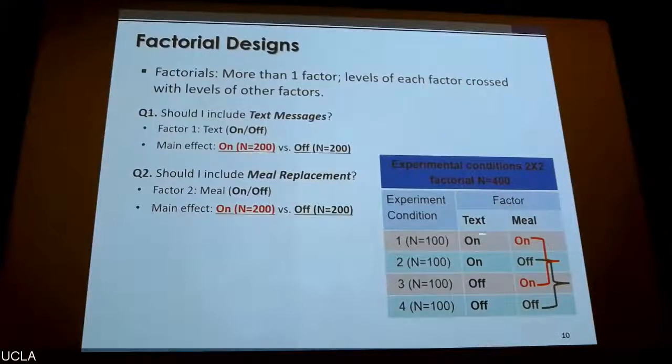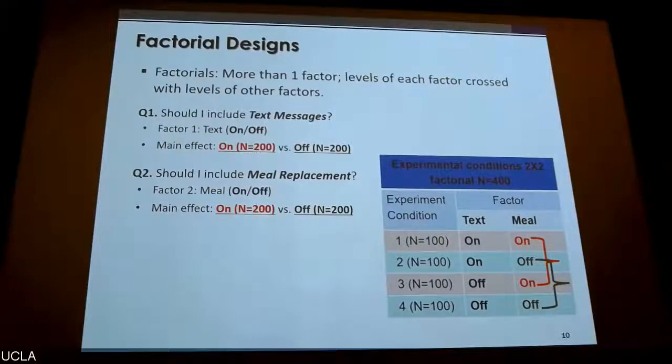So I'm comparing people in these two conditions, 1 and 3, and these two conditions, 2 and 4. You see that? Okay, how many people will contribute information that can help me answer this question? 400, right? Again, half of the sample versus the other half. So this is interesting because in both cases, I'm addressing each scientific question by using outcome information from my entire sample, right?